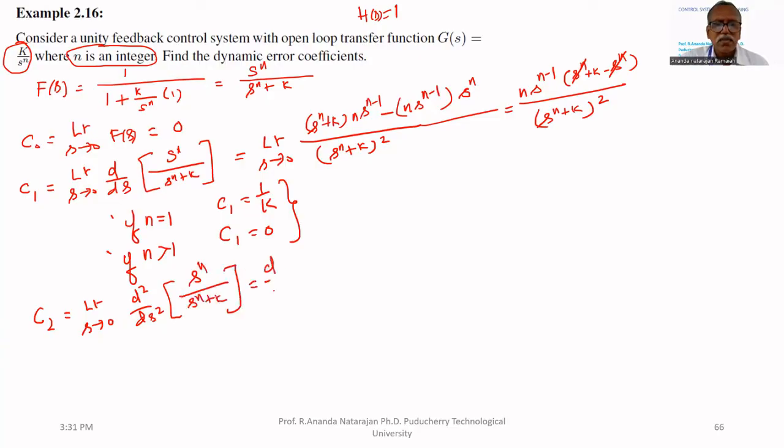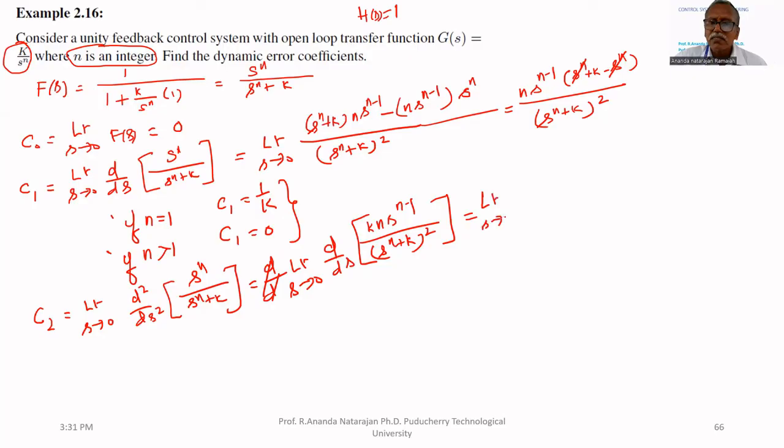That is equal to d by ds of n s power n minus 1 k upon (s power n plus k) whole square. We have to differentiate.